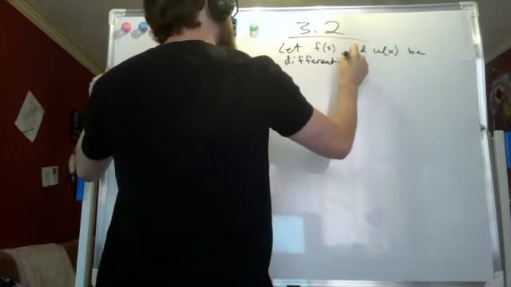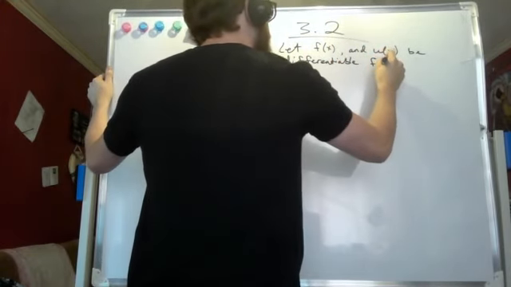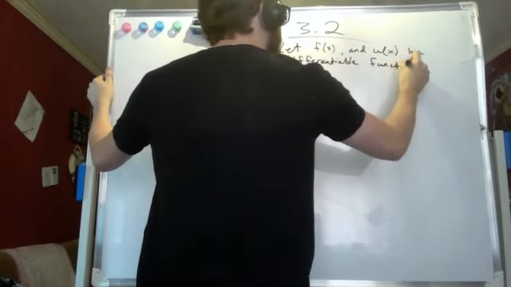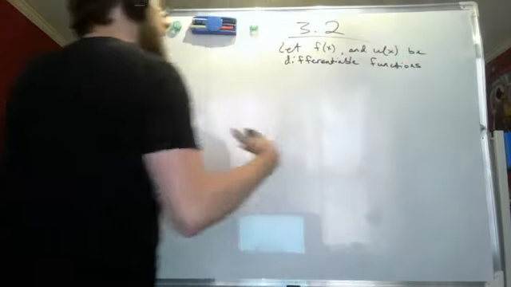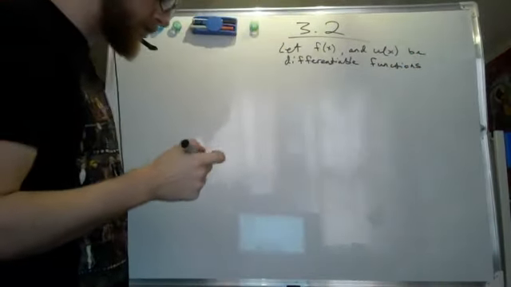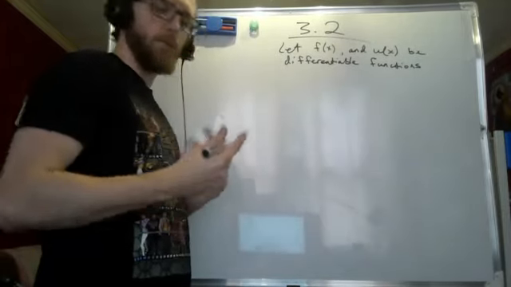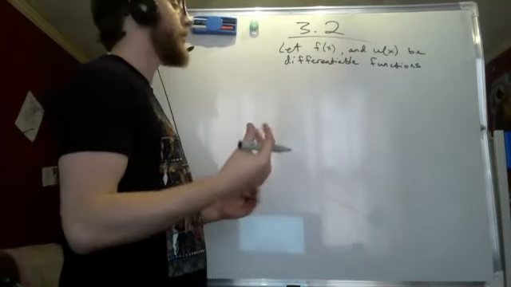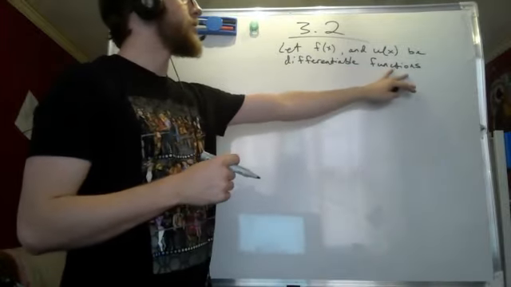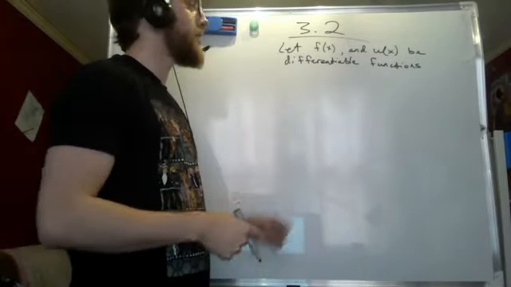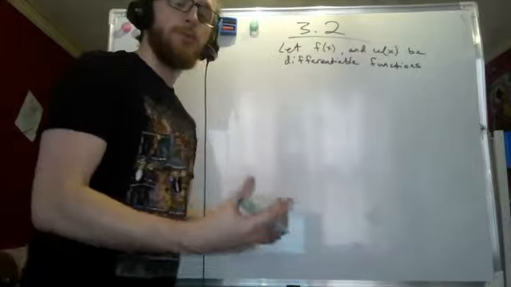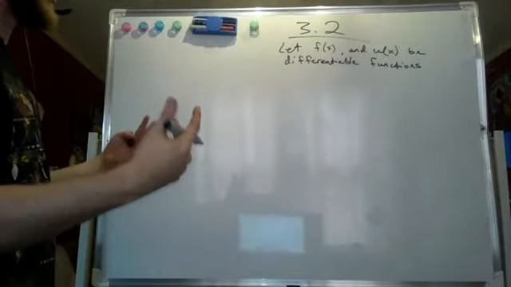When I say differentiable functions, that just means they're functions that you can take the derivative of. There are some functions that are not differentiable. That's not going to be a big deal right now. That may be something we'll talk about later. But for now, don't worry about that too much. Just for context, that's what I mean when I say differentiable function. It's a function we can take the derivative of.